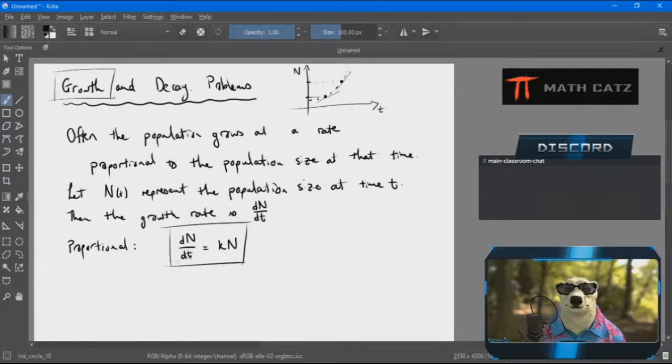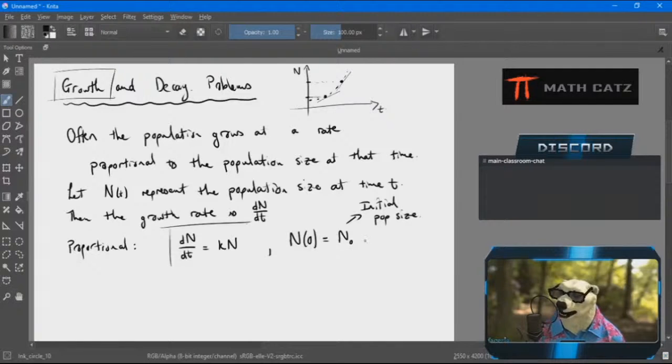I also, of course, need to know, let me just clear my box here, how many there were at the start. Let's call that N0. So I would need to know, not always, but usually, the initial population size.